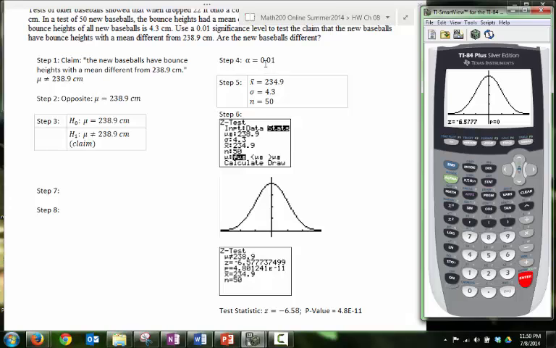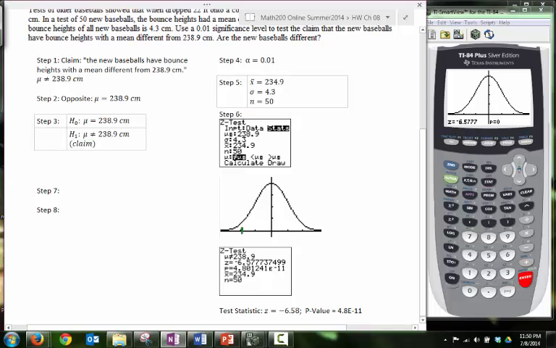So at the 0.01 level, our critical values would go somewhere over here, probably, or maybe a little bit more. But we can find them. This is a two-tail test.